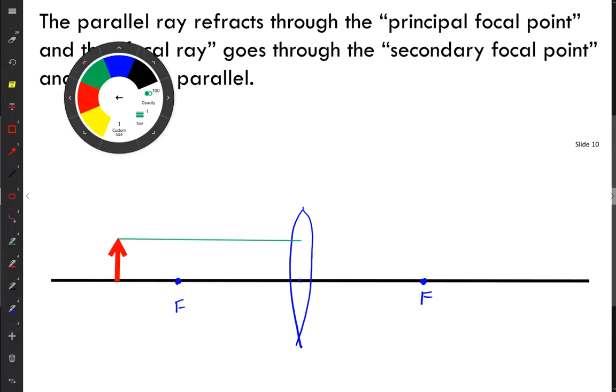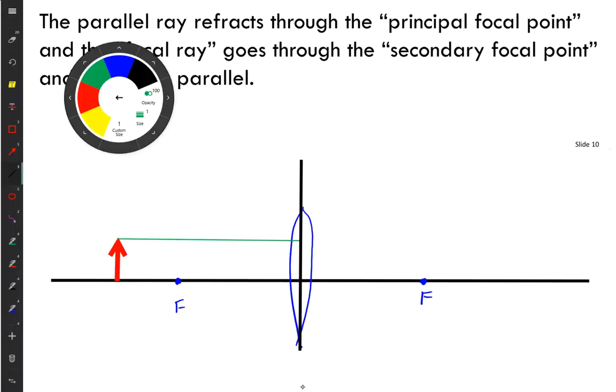There's my parallel ray. Where did I go to with the parallel ray? To the center of the lens. In fact, I usually actually mark the center of my lens, and that's where I'm going to make all my rays go to and end. Where does a parallel ray go when it goes through a converging lens?